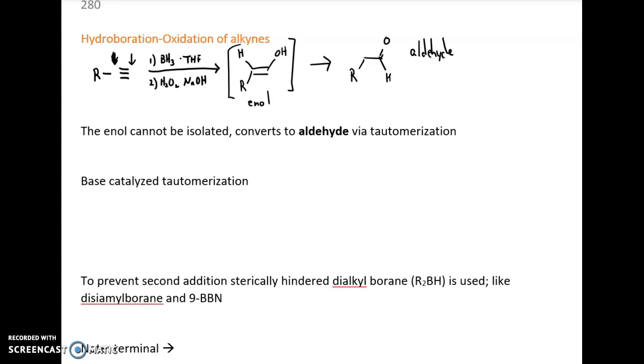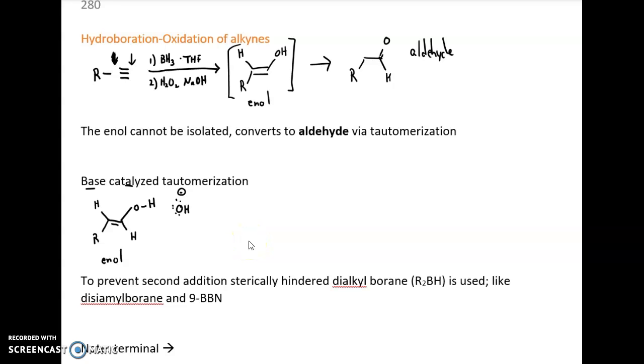Okay, you can't isolate this enol form. It's just not stable enough to isolate. And what we have here, as we go from enol to aldehyde, is a base catalyzed tautomerization. And I'm going to draw that out for you.